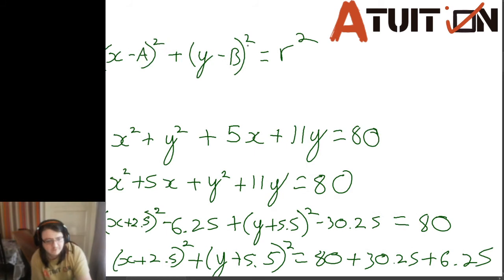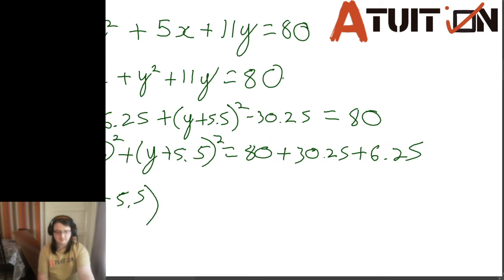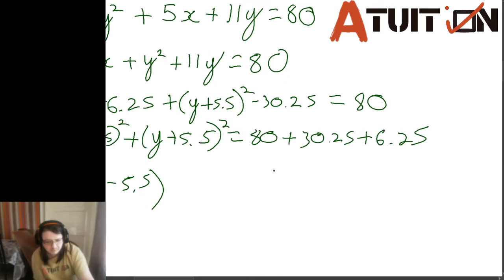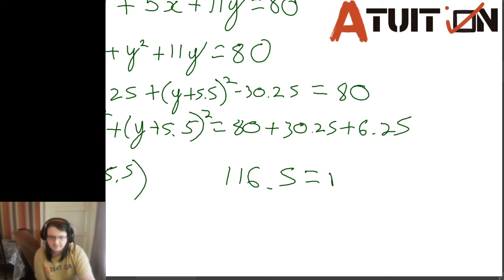Alright, so the standard equation for a circle is this, and it always equals r squared. In this case, it equals all of this, so all of this is r squared. So 80 plus 30.25 plus 6.25, which is 116.5, is r squared. That's the radius squared.